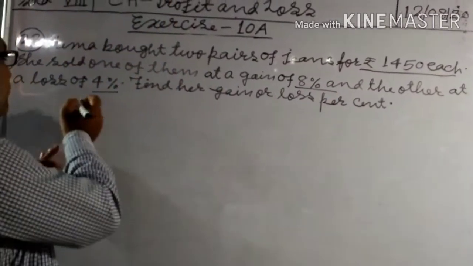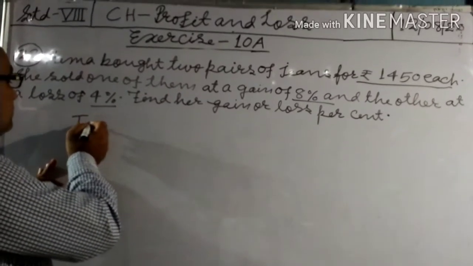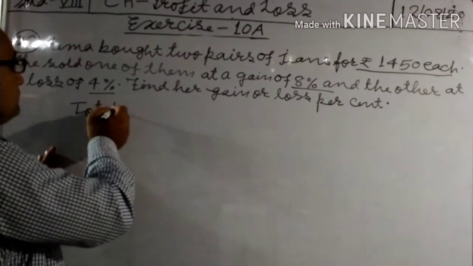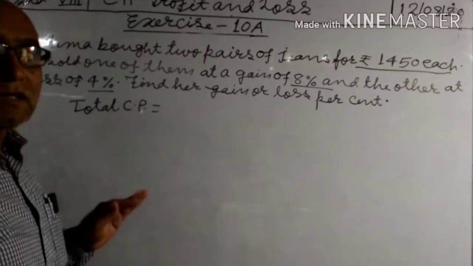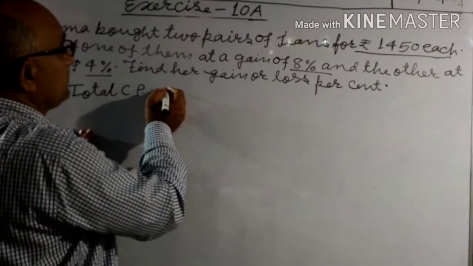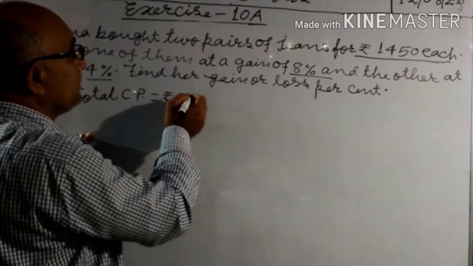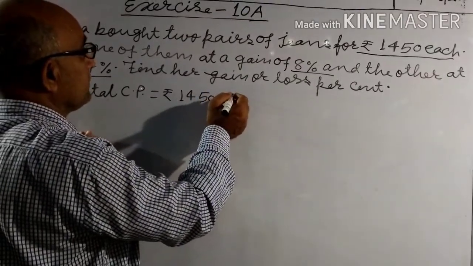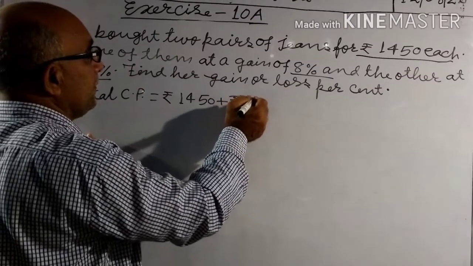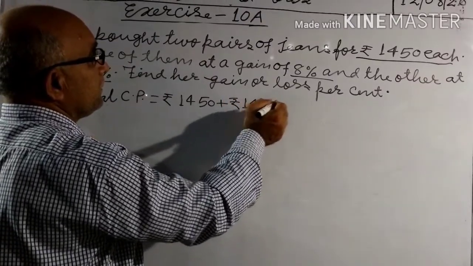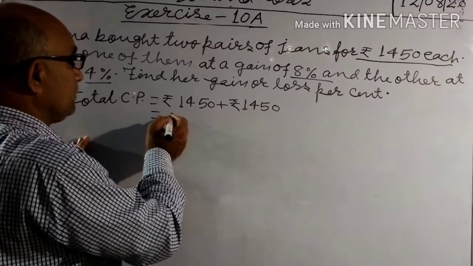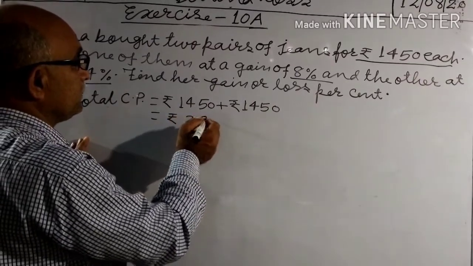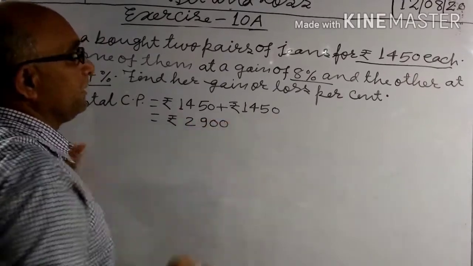Here, first of all write total CP. Total CP equals rupees 1,450 plus rupees 1,450 equals rupees 2,900.